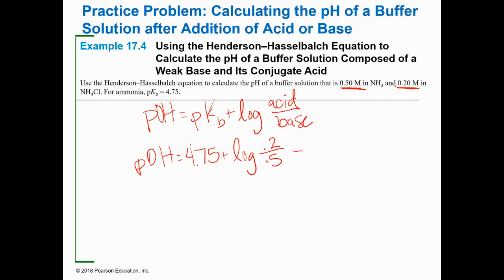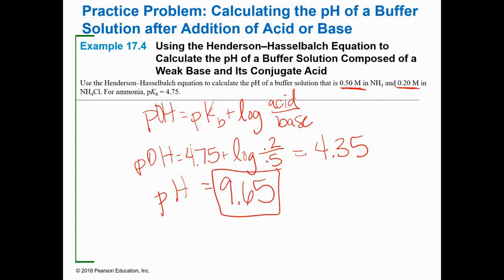I get 4.35, but remember that's pOH. So our pH is 9.65. Okay, so just make sure you know which one you're doing and what pieces you have.